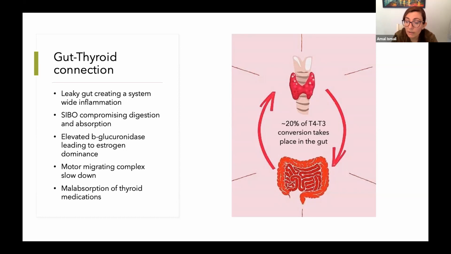And so you can see that the gut is really essential to be investigated when we have thyroid dysfunction. Because again, recall from my earlier slides, significant conversion of the T4 to T3 occurs in the gut.